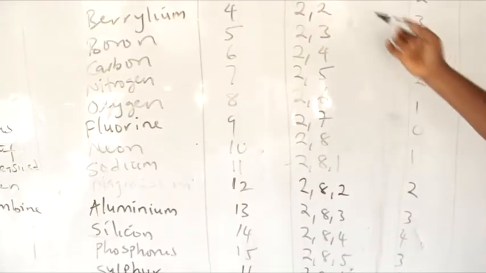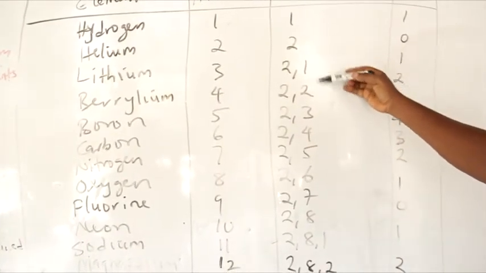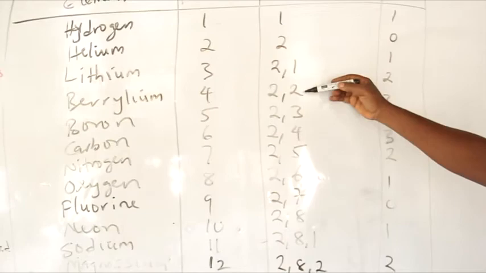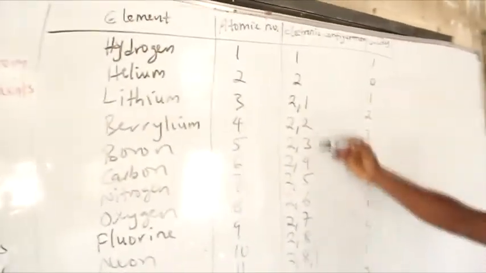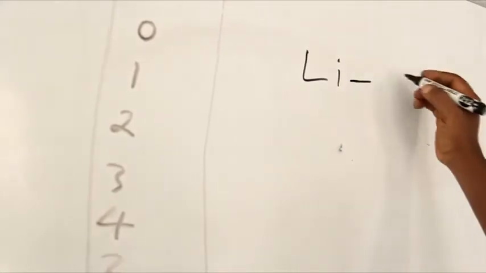From the table here, you can see that the outermost shell of each electronic configuration represents the valency of the element. In lithium, the electronic configuration is 2, 1, as you can see here.